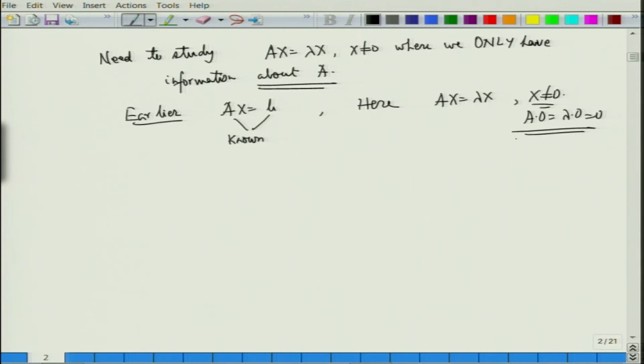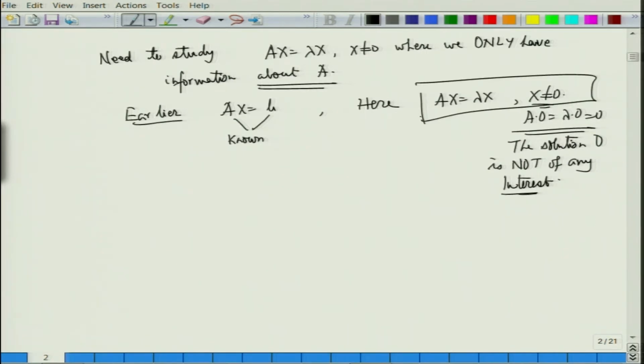So the solution x = 0 is not of any interest, fine. That is important: I want only solutions which are non-zero, all right. Finally, we will see that we want only solutions which are linearly independent.